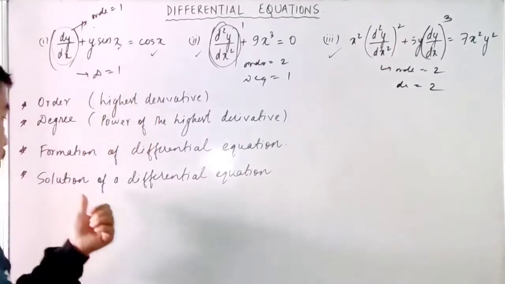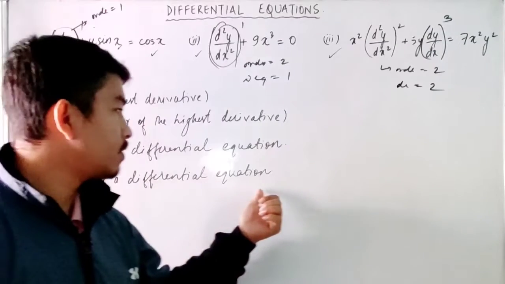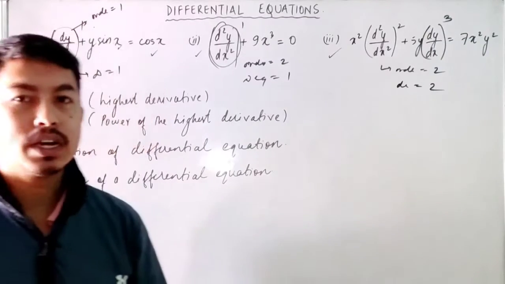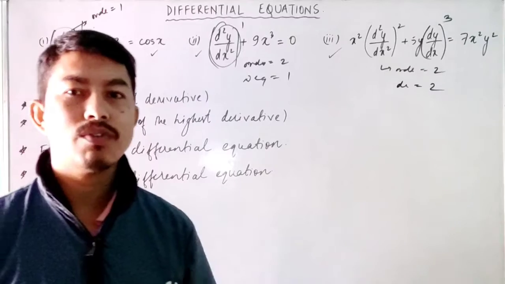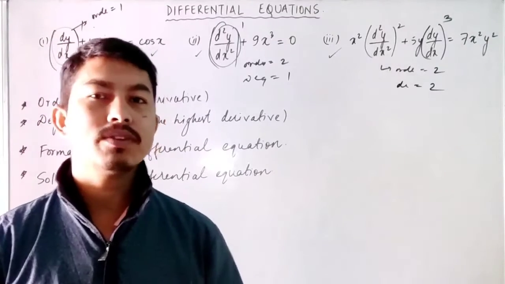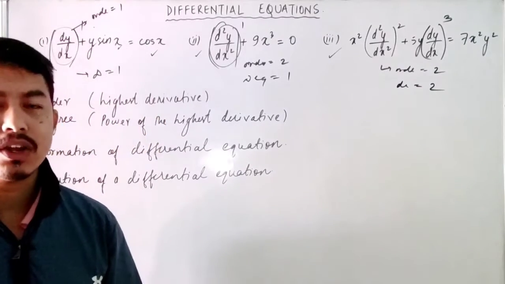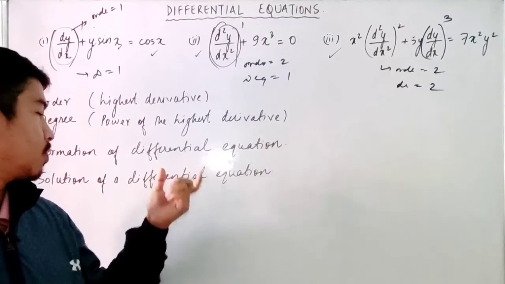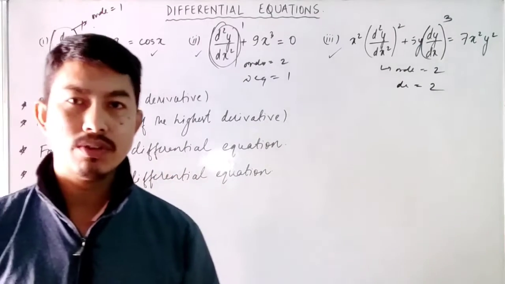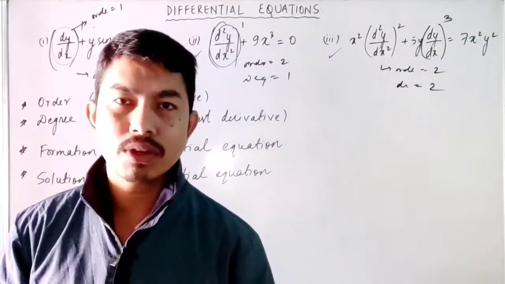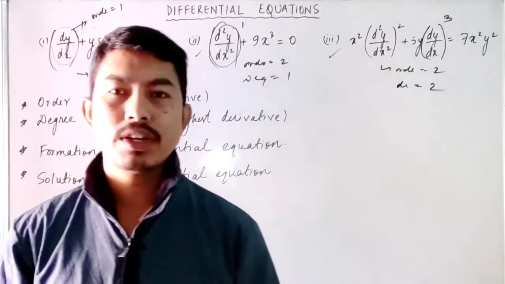To get the solution of the differential equation, we just integrate, until we find the solution, and on either side we add one constant. That is how we form the differential equation and also get its solution.